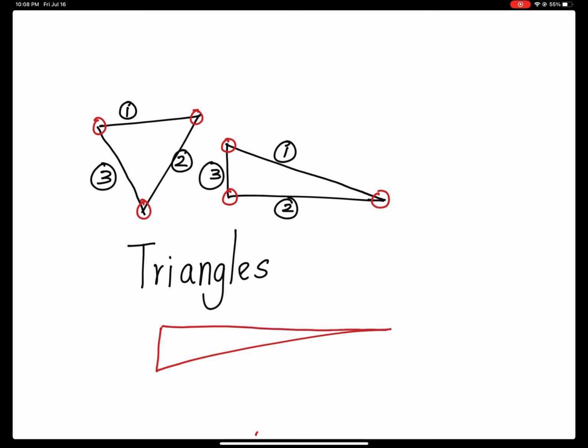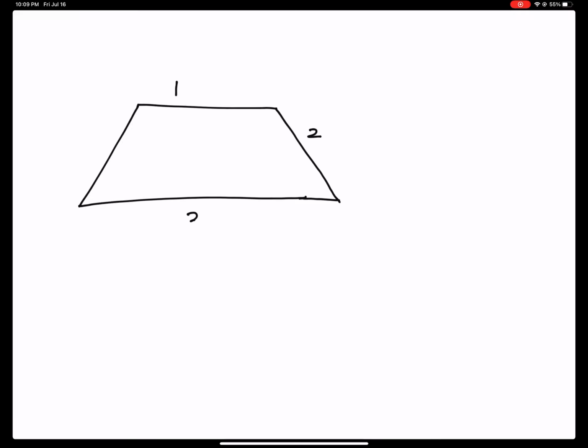Now let me draw a shape with 4 sides and 4 angles. What do we call a polygon with 4 sides and 4 angles? A polygon with 4 sides and 4 angles is called a quadrilateral.